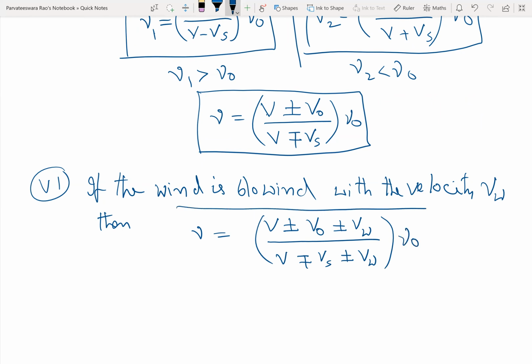Here I am assuming that sound and wind are flowing in the same direction. So if sound waves and wind are blowing in the same direction, then this is the formula. Suppose the wind is blowing opposite to the velocity of sound, then this plus minus will interchange.